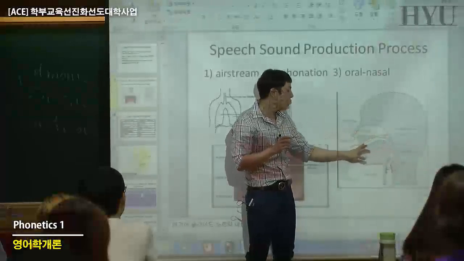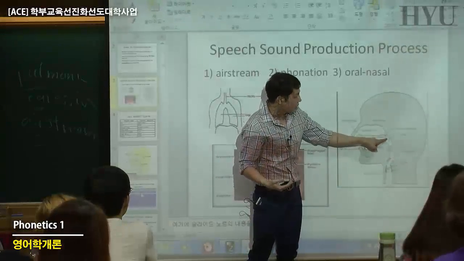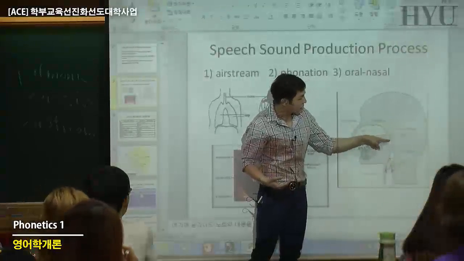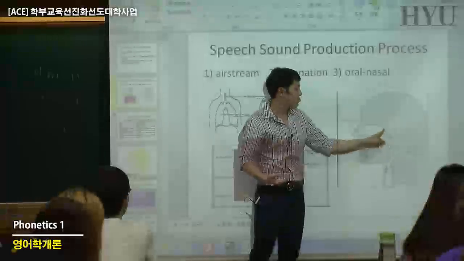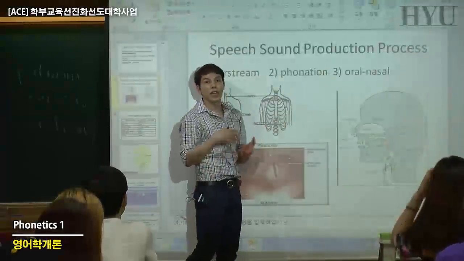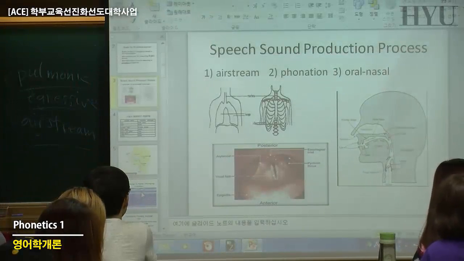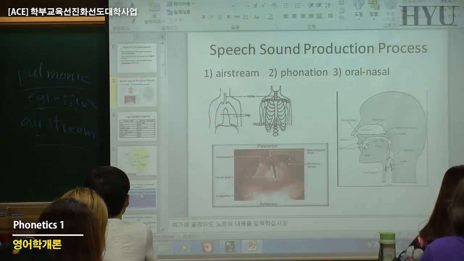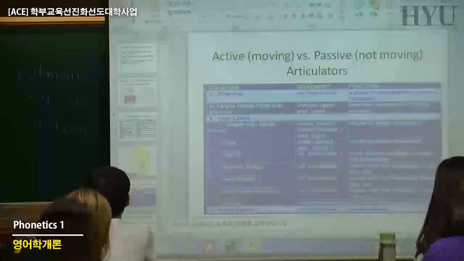So the air can only come out through the mouth. So you have the oral sound. But if it's lower, so that you can see the space here, then the air can pass through here and through the nose as well. So that's the third step, that you can shape the sound, making different sounds. So there are 3 steps.